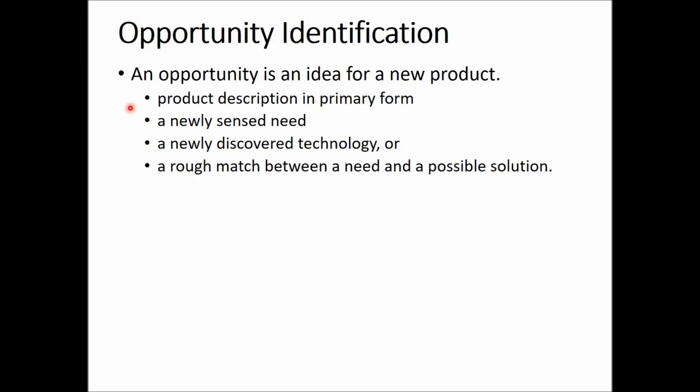You will come up with some description of the primary form of the project that you're going to handle, and some opportunities will be created as a result of newly sensed needs. So you recognize some needs, and then based on that you come up with certain opportunities.